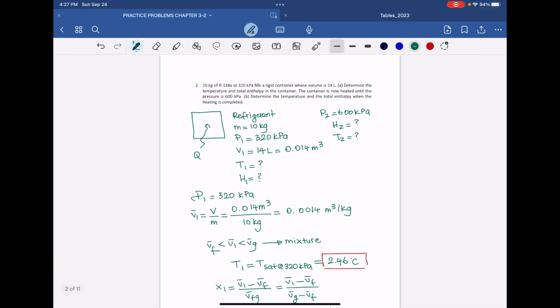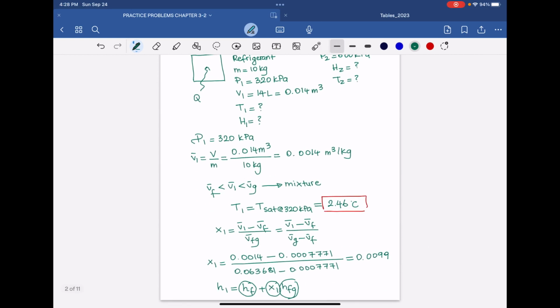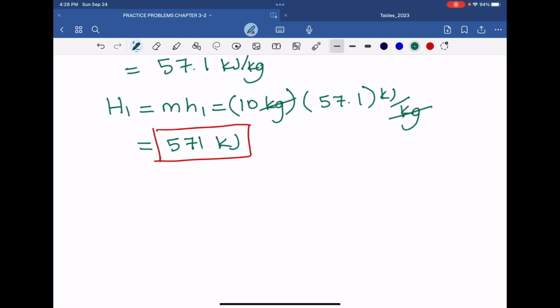state, because they ask the same thing for the second state. And remembering what we know at the second state is we are given the pressure, and we should also know the specific volume because it's a rigid tank. Okay, let's write it down.